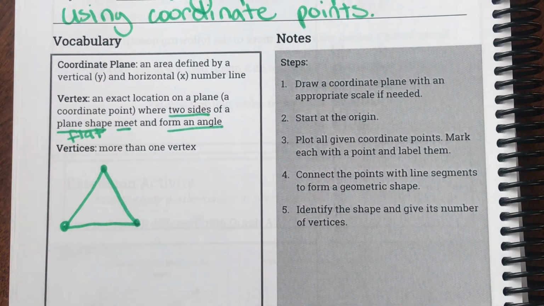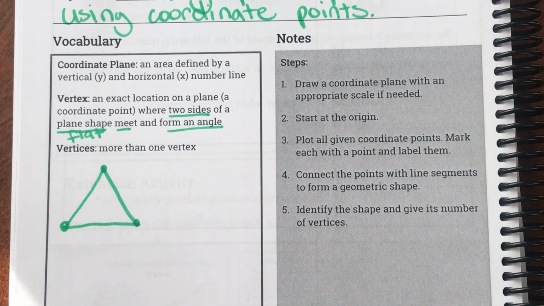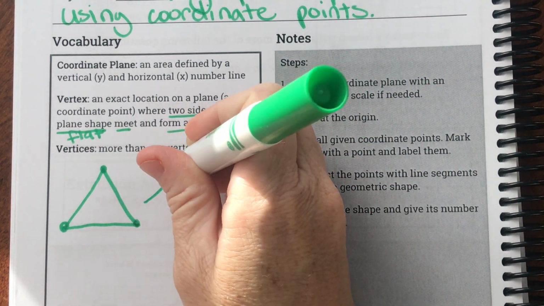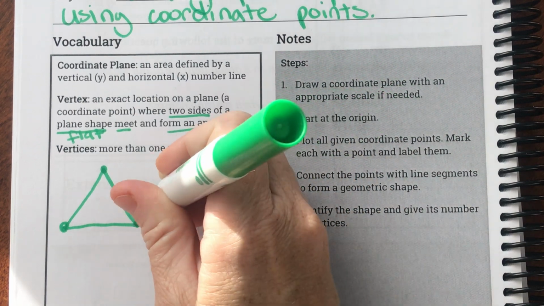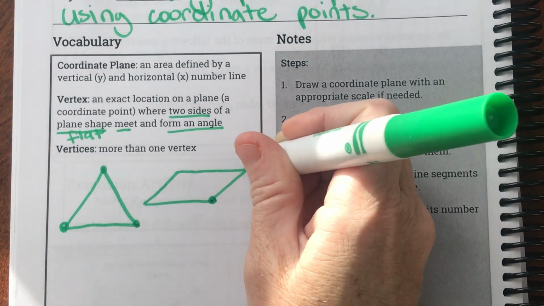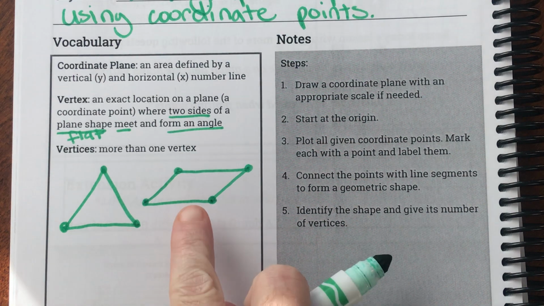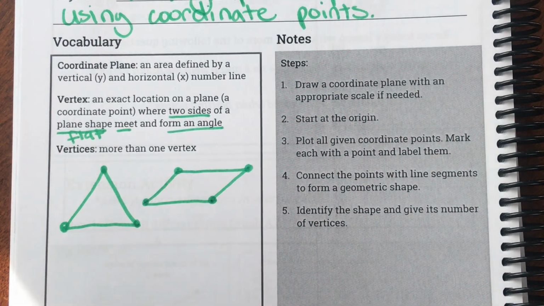So we would say that a triangle has three, not vertexes, but three vertices, because vertices is the plural for vertex. So if I drew maybe a parallelogram, I would say the two sides meet at this point, two sides meet at this point, two sides meet at that point, and two sides meet at that point. So this has four vertices. So it's just where two sides of a flat shape meet and form an angle.